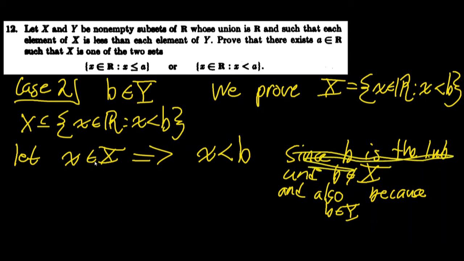Since b is in Y, we know that x must be strictly less than b. So we're done. We've proven that any x that we can choose in here must also be in here.